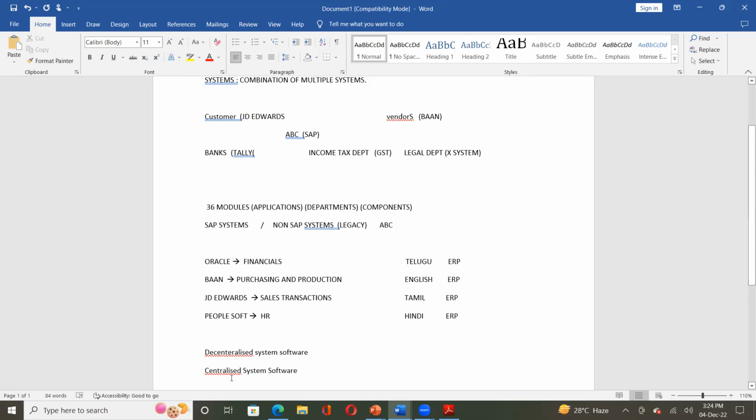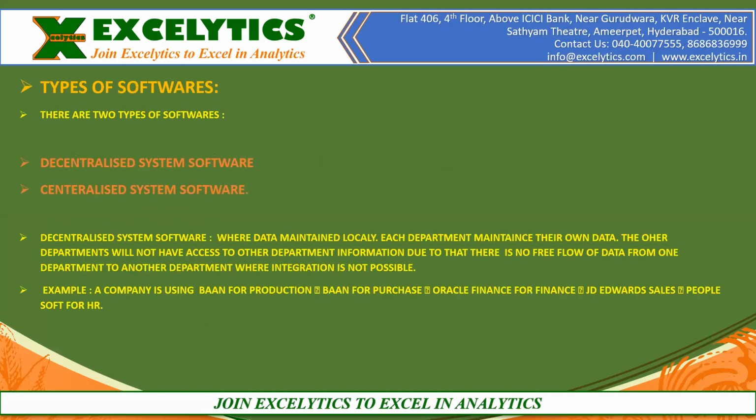Okay, what is the difference between decentralized system software and centralized system software, and how is centralized system superior or how does it overcome decentralized system software? That we will see. See here, types of software: decentralized and centralized. So what exactly is decentralized?